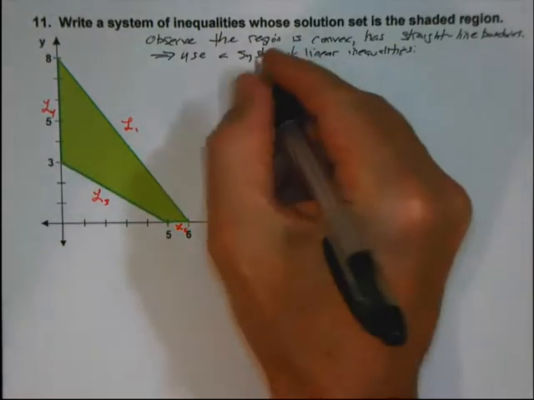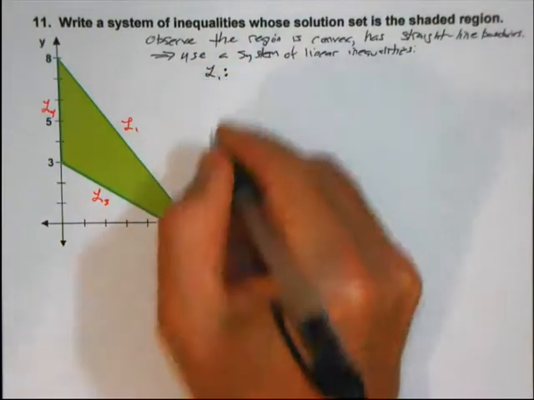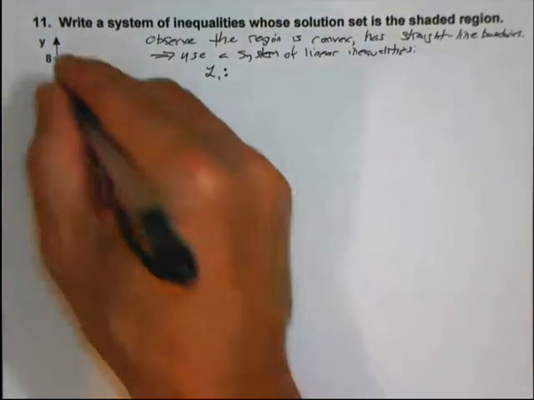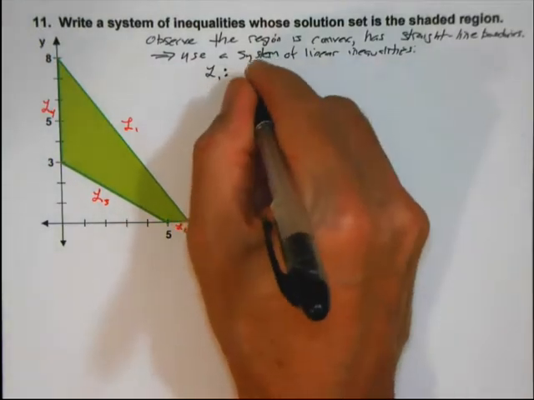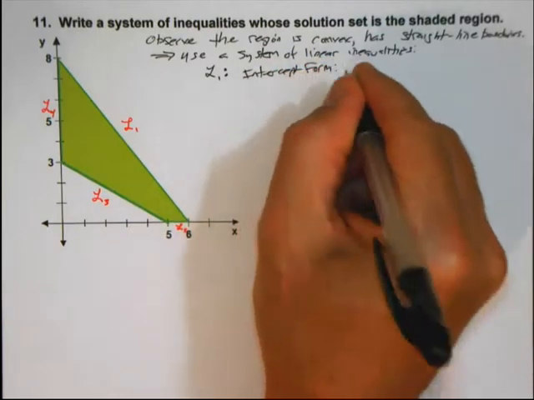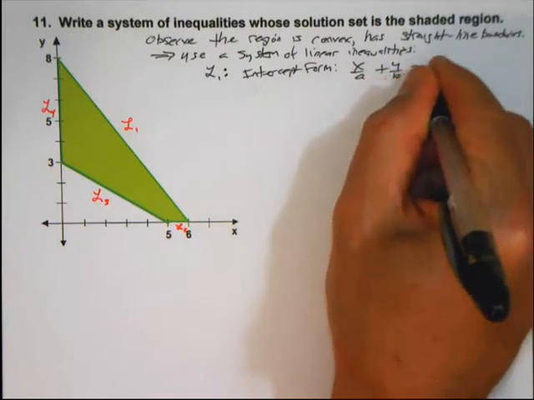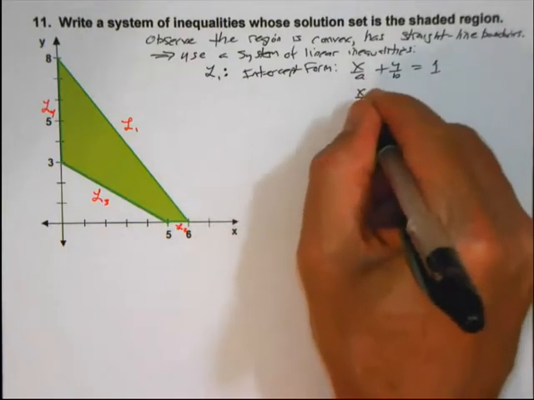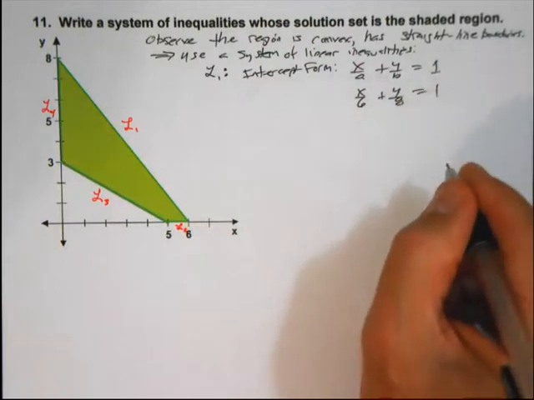Okay. Now, let's see. For L1, what have we got here? In L1's case, you notice we have the x-intercept and the y-intercept clear. We could choose to work off of intercept form. Intercept form, that's x over a plus y over b is equal to 1. In this particular case, it is x over 6 plus y over 8 equaling 1.